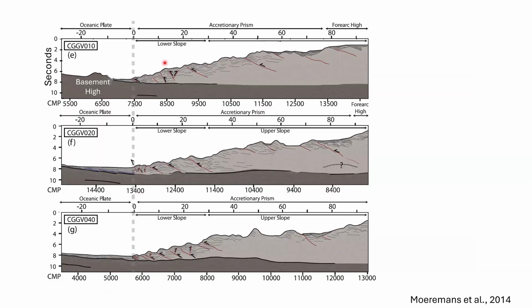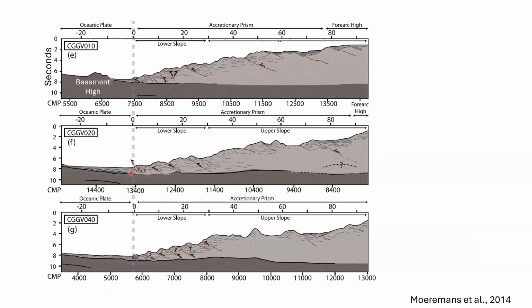These are just line drawing interpretations of these industry seismic profiles. We can see there are a number of well-developed thrust faults down at the toe of the slope. The thickness of the accretionary prism is increasing as we go landward.